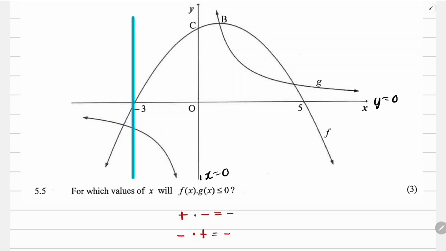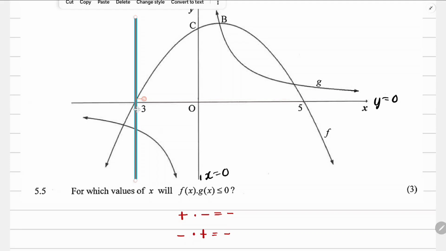As we keep moving, it keeps being negative and negative until we get to this point. Do you see that at -3, the parabola has a y value of 0, and then the graph of g has a negative y value, whatever that number is. So we can see that it works from -3.